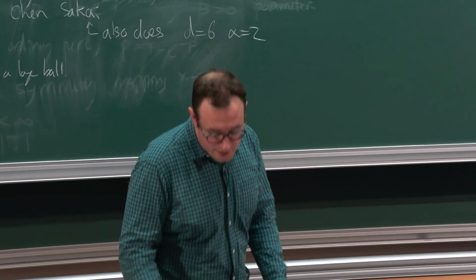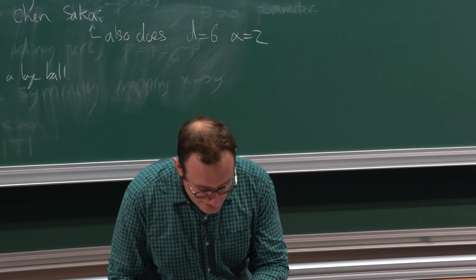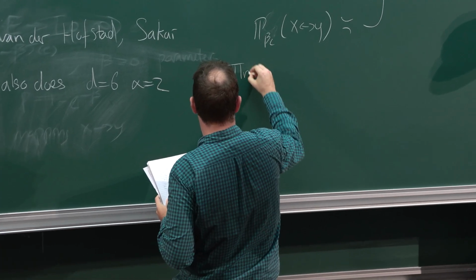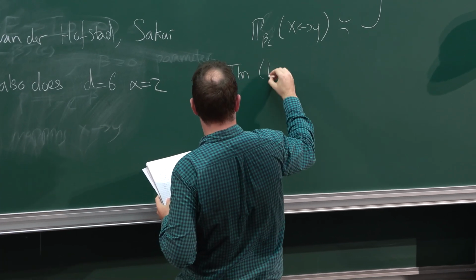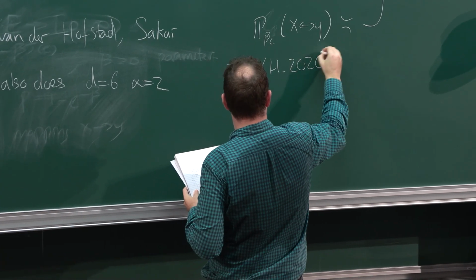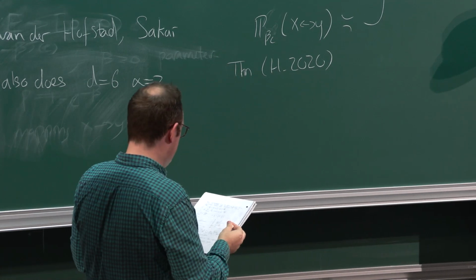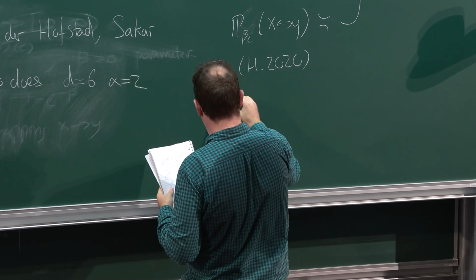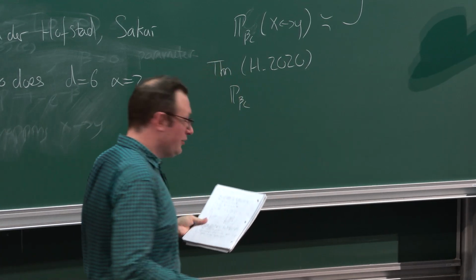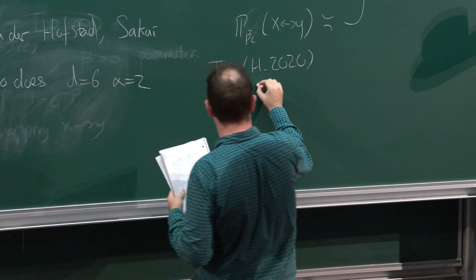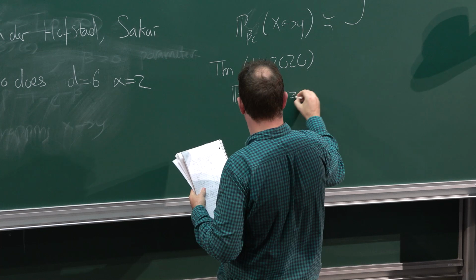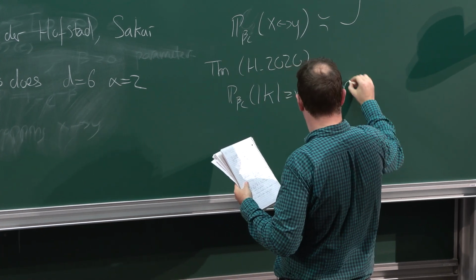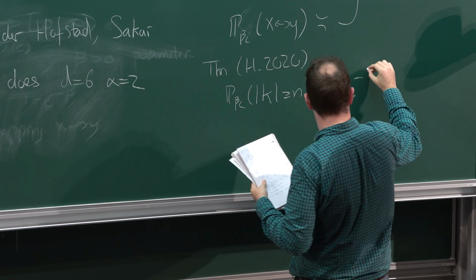So my first work on this model, which was 5 years ago now, said that you can at least get some power law bounds on these quantities. But with the wrong exponents.